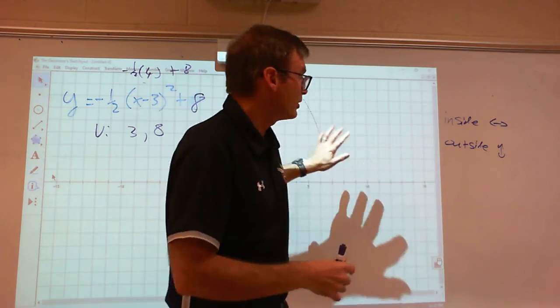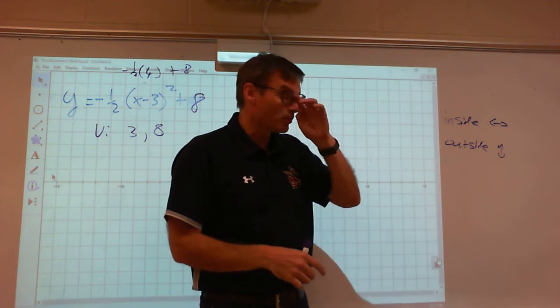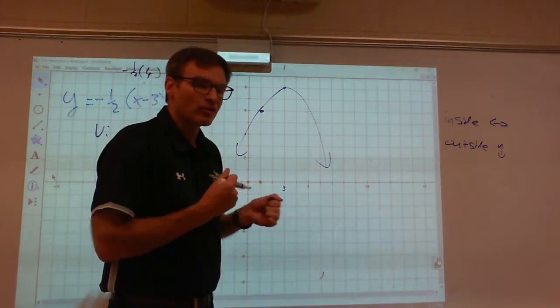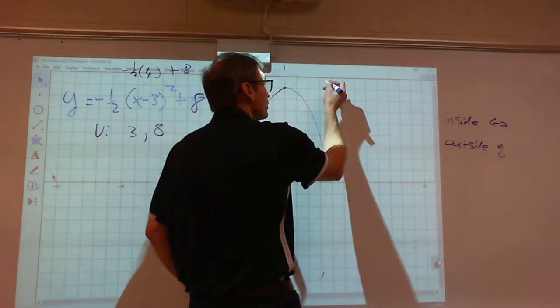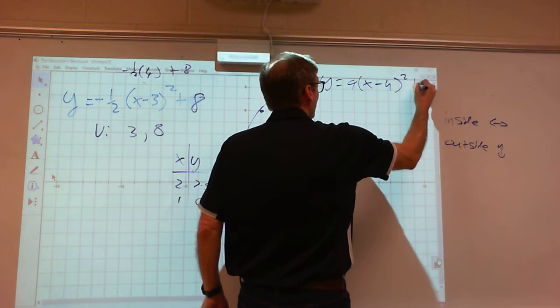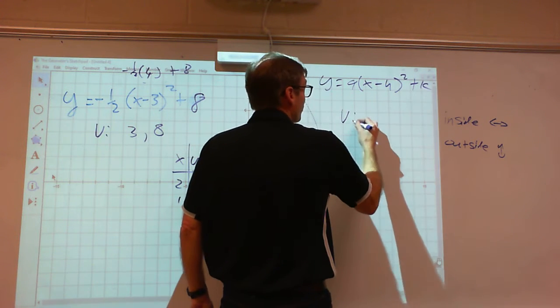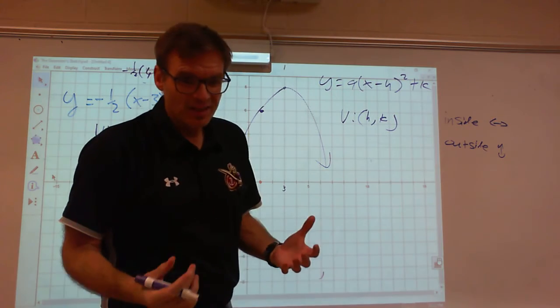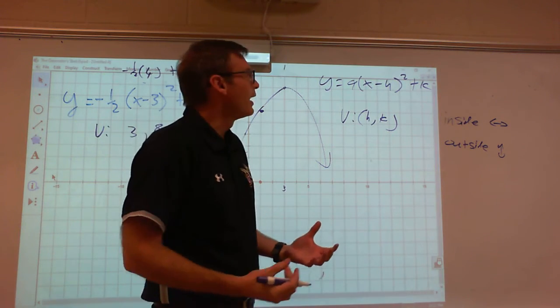I wanted to make sure I talked about vertex form. In your textbook, they talk about vertex form looking like this, where they'll say y is equal to a(x minus h) squared plus k, where your vertex is at h comma k. This gets intimidating because you got a bunch of variables.